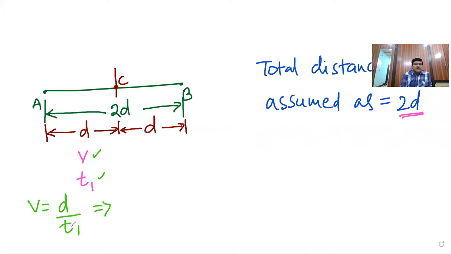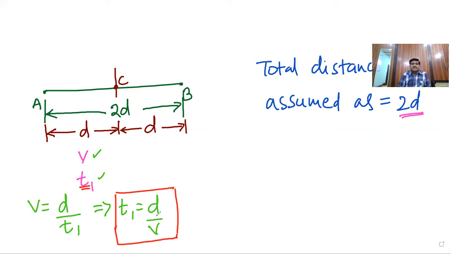If I cross multiply, t1 is equal to d by v, the unknown time we assumed. Clear? So we got t1 in the first case.